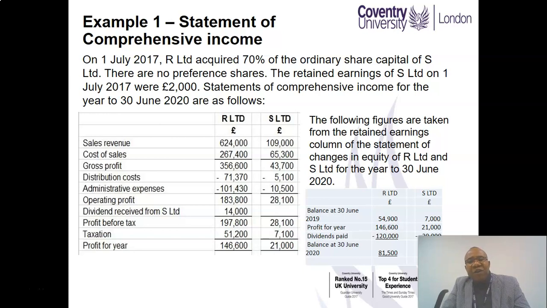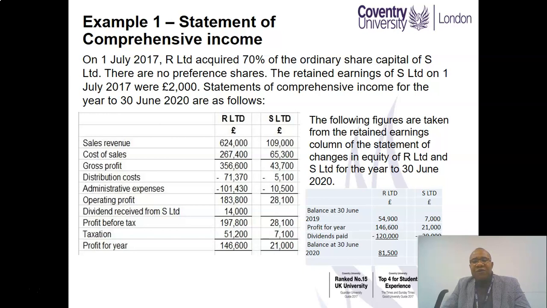The statement of comprehensive income for the year to 30th June 2020 is as follows. So you've got the sales revenue, cost of sales, gross profit, distribution costs, administrative expenses, operating profit. There is dividend received from S Limited of 14,000. So less your taxation, profit for the year.